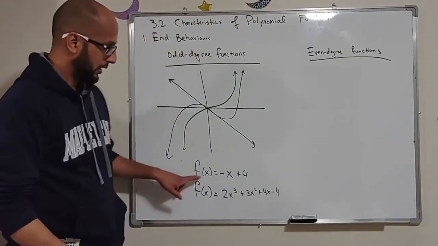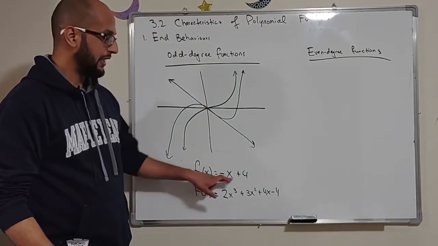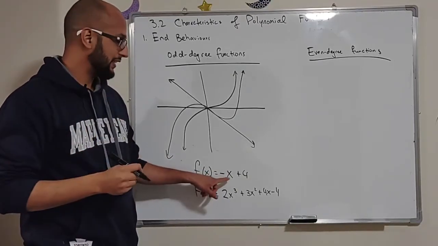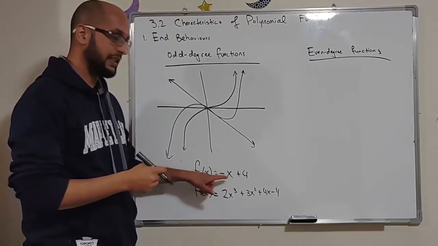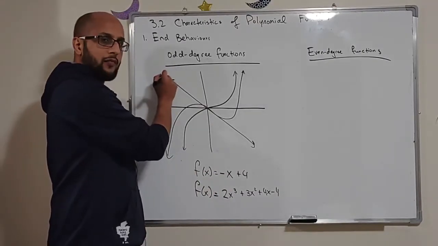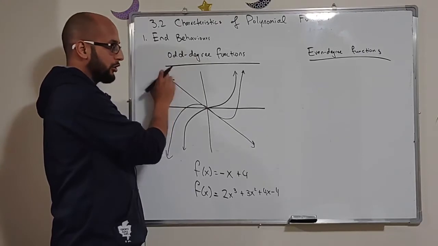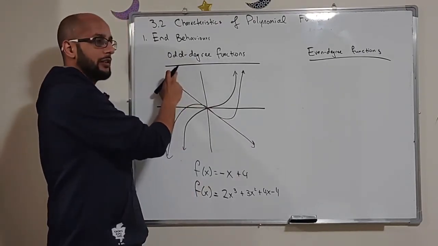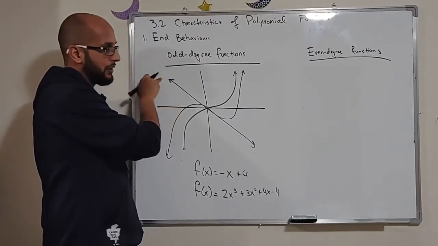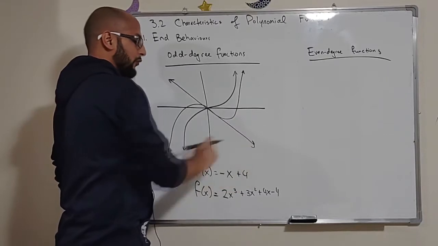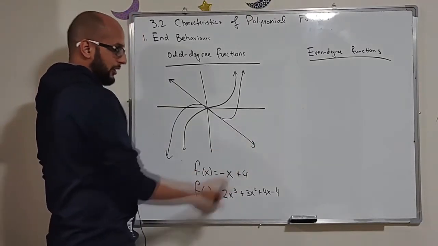For example, in f of x equals negative x plus 4, the leading coefficient, or the coefficient of the leading variable, the one that has the highest degree, if it's a negative number, then it's going to start in the positive quadrant, in quadrant 2, and it's going to go down to quadrant 4. It's going to start where the x values are negative and the y values are positive, and it's going to have a downward slope where the x values are positive and y values are negative. So it's going to go down.